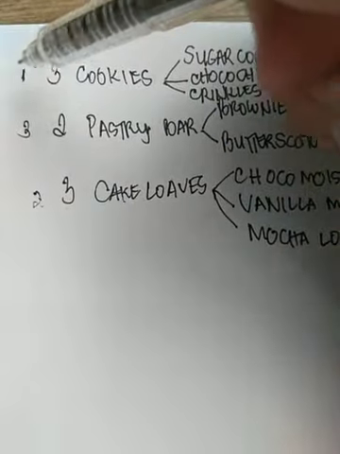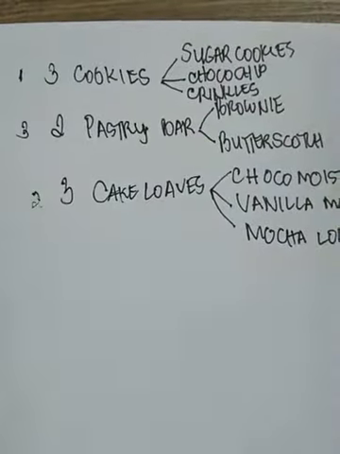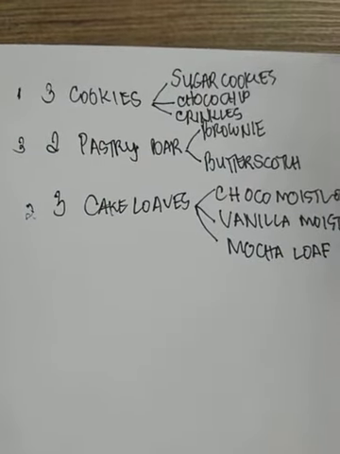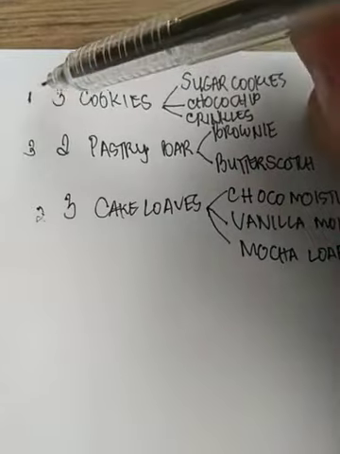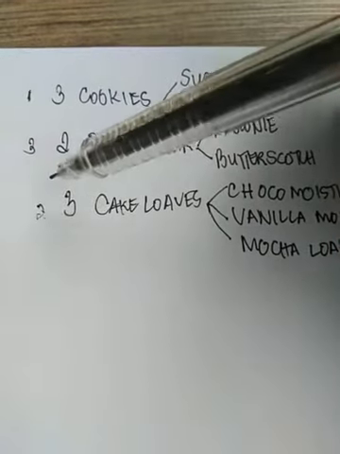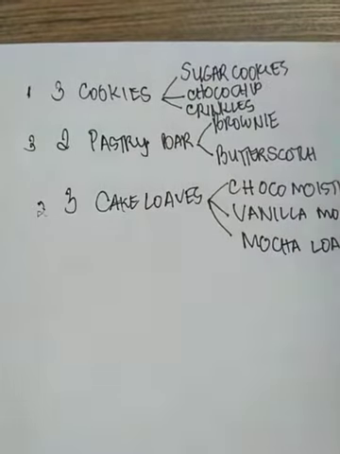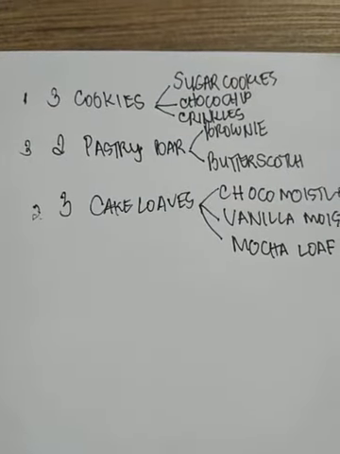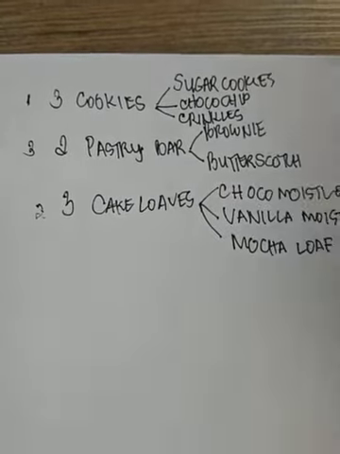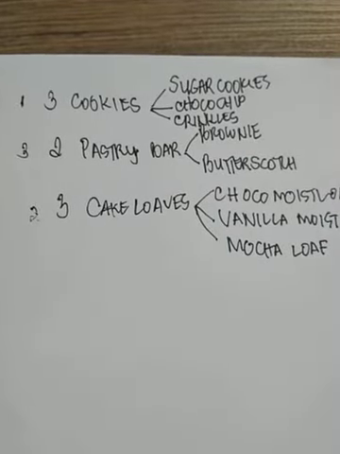So, with this distribution, alam mo ngayon kung saan ka magko-concentrate sa production mo. So, mas maraming sugar cookies kesa sa cake loaves tsaka sa pastry bar. Tapos, mas maraming cake loaves kesa sa pastry bar. Diba? So, that's part of the plan.